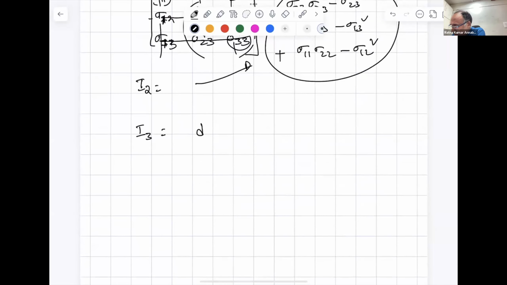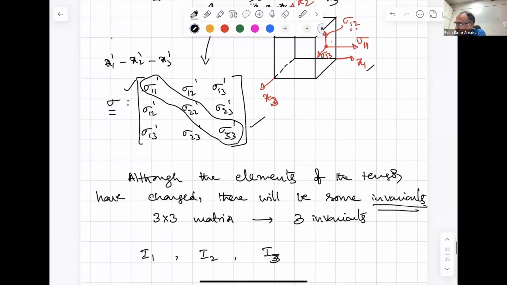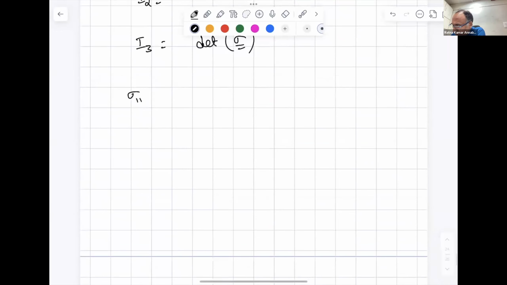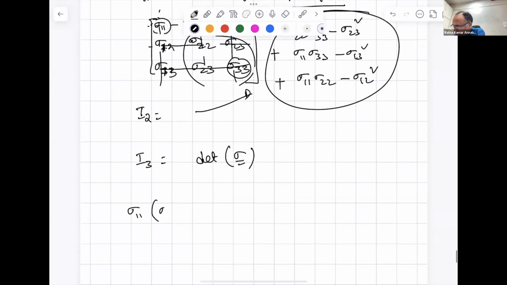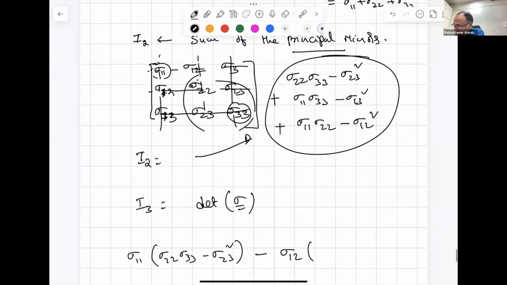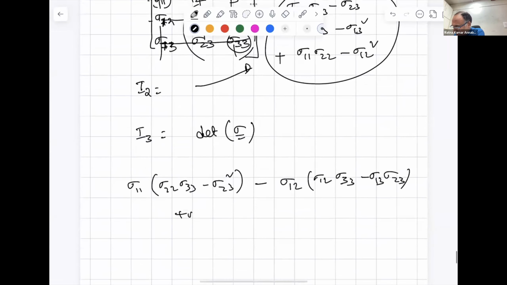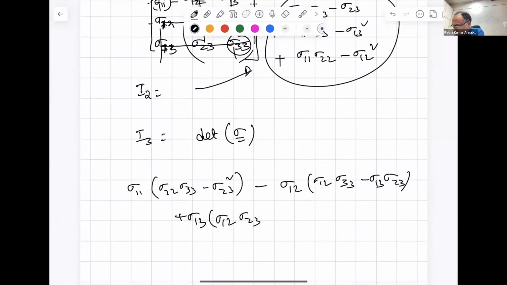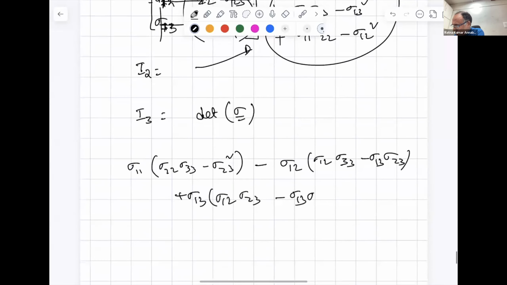I3 is the determinant, det of sigma. You know how to calculate the determinant of this matrix, right? How do you calculate the determinant of this matrix? So sigma 1, 1 times sigma 2, 2 sigma 3, 3 minus sigma 2, 3 square, minus sigma 1, 2 into sigma 1, 2 sigma 3, 3 minus sigma 1, 3 sigma 2, 3, plus sigma 1, 3 into sigma 1, 2 sigma 2, 3 minus sigma 1, 3 sigma 2, 2.